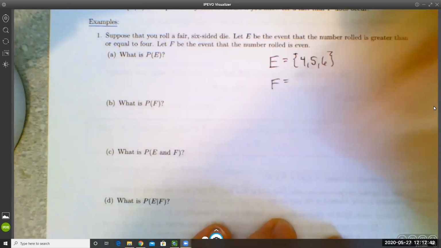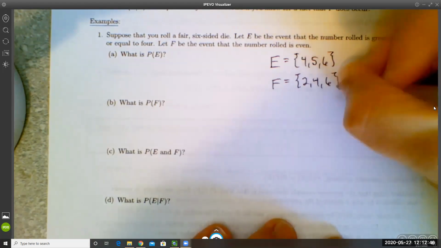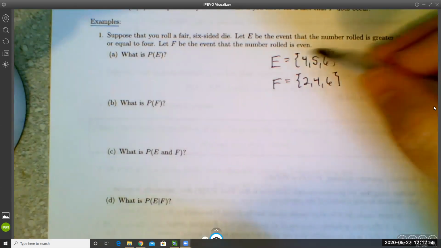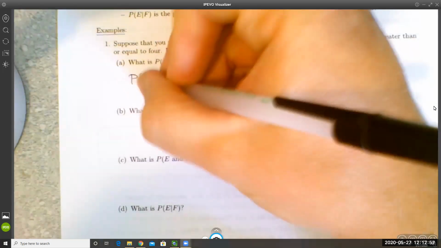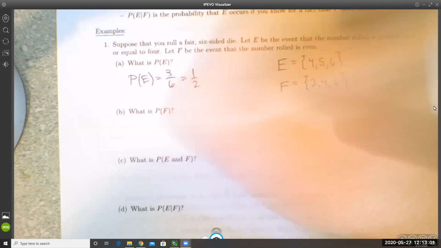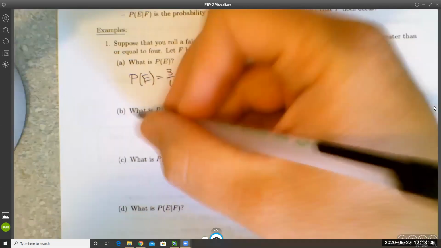F is even, so that would be 2, 4, or 6. Since we're talking about a six-sided die, right? Okay, so probability of E would be 3 out of 6, right? Probability of F is also going to be 3 out of 6.